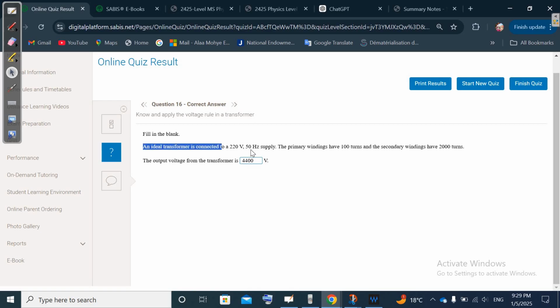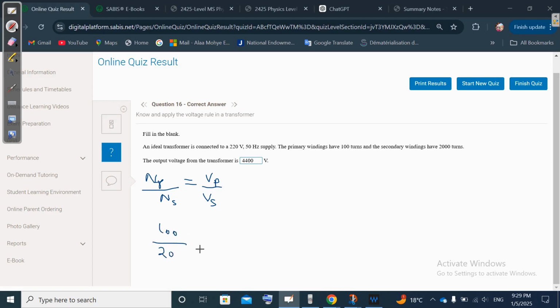An ideal transformer is connected to a 220 volt 50 hertz supply. The primary windings have 100 turns and the secondary windings have 2000 turns. Find the output voltage of the transformer. To do this again, we need NP over NS equals VP over VS. So primary is 100 over 2000, equals 220 over V secondary.